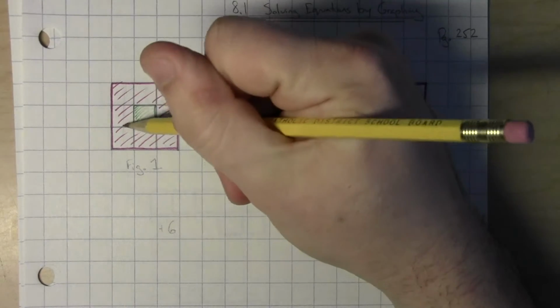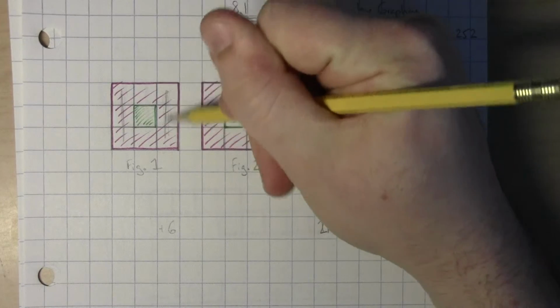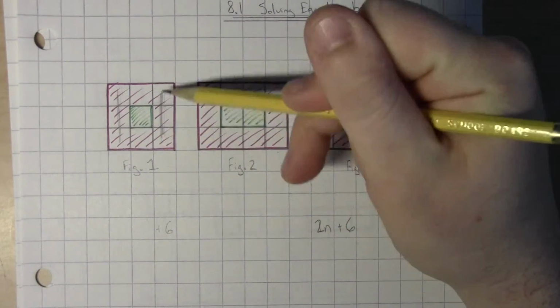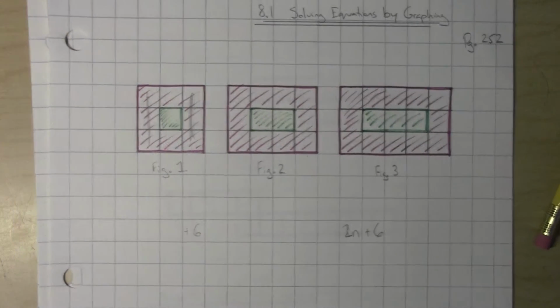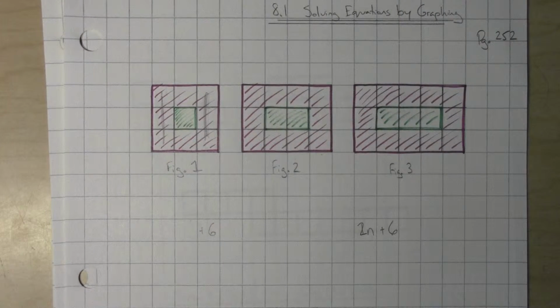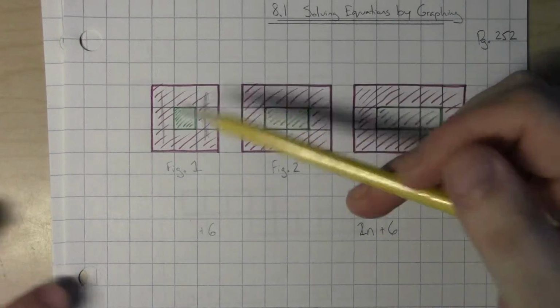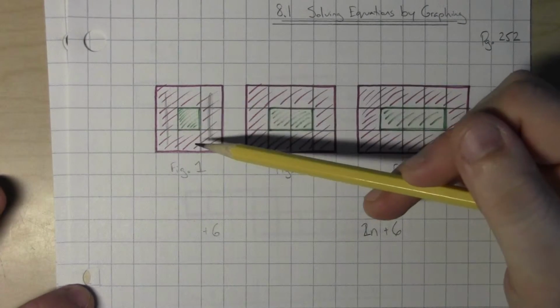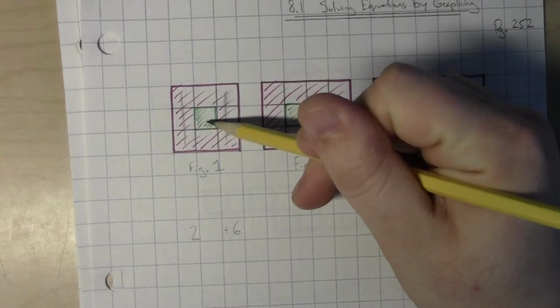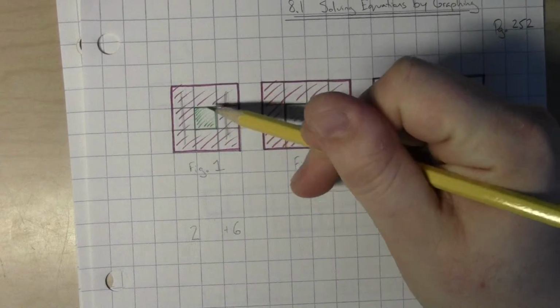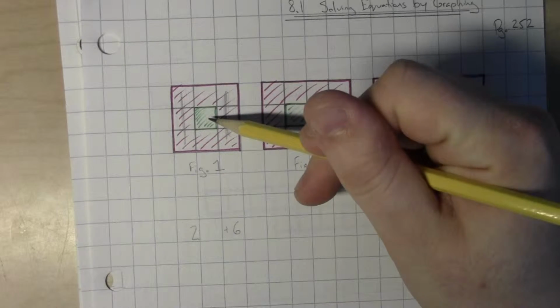Let's think about it this way. This is already covered because we have 3 and 3 giving us 6. Right? So if that's already covered, what's the 2 times the n part? On top of the green and below. So I have 2 purples for every 1 green.